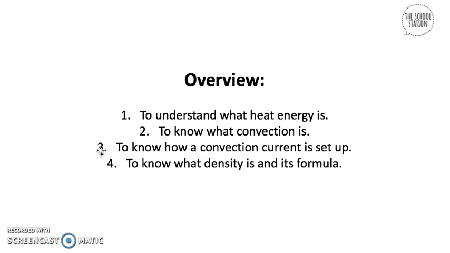Speaking about convection currents, we also learned how a convection current is set up. The warmer, less dense water in the bottom goes up to the cooler water in the top, and the cooler water descends. And last of all, we also learned what density is and its formula. Density is mass divided by volume, and we should always know that the warmer water is less dense than the cooler water.